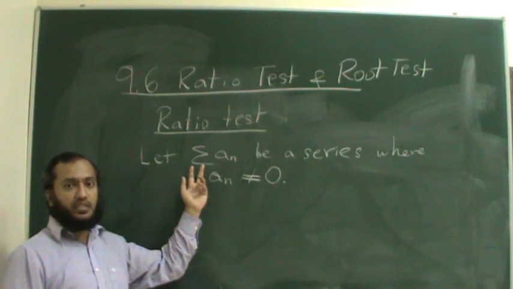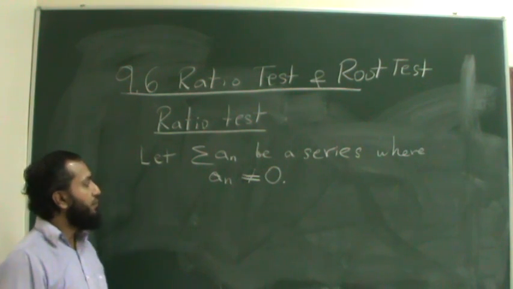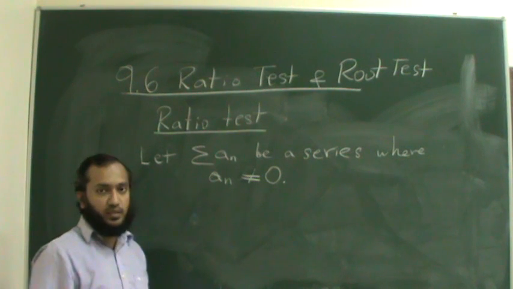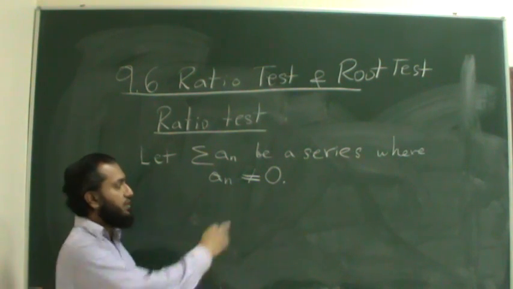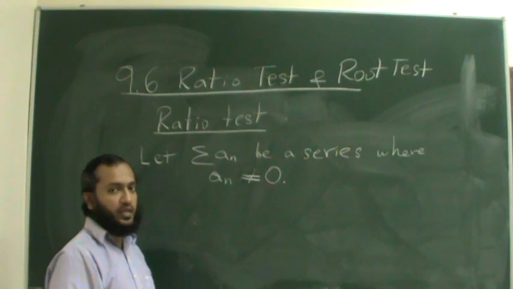So we have a series, summation of an, where the an terms are not equal to 0. None of the terms of the underlying sequence of the series are equal to 0.